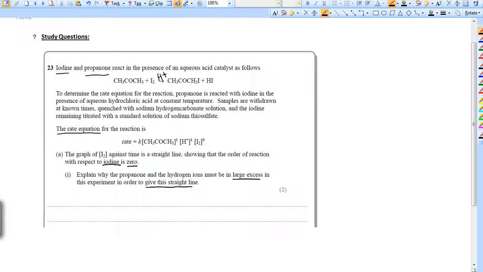Now let us see which are in excess and which are limited.